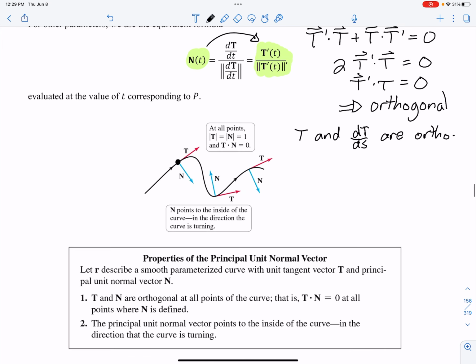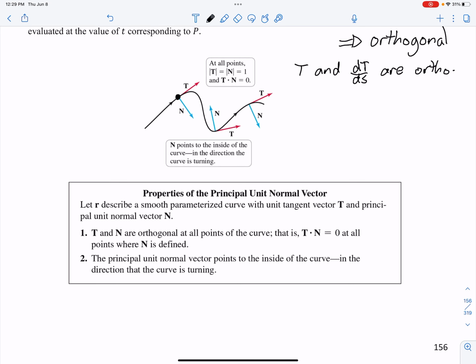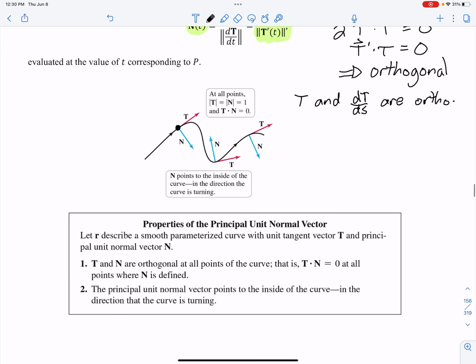Properties of this unit normal vector: it's orthogonal to T, so we get these orthogonal vectors flying through space, where T is always pointing where it's going, and N is where it's going to be turning. You could think of an airplane.